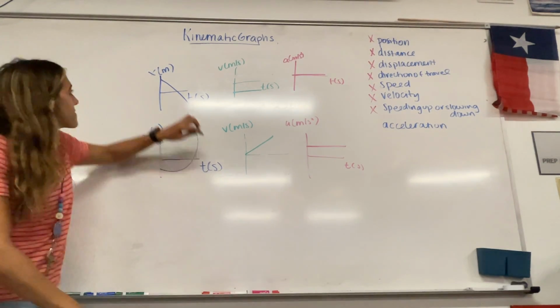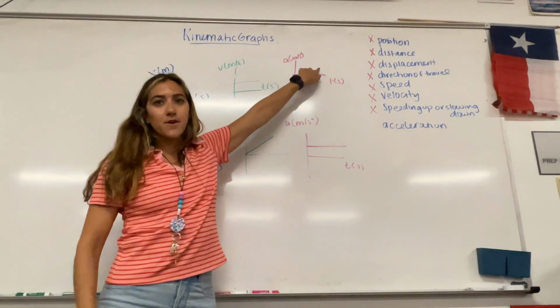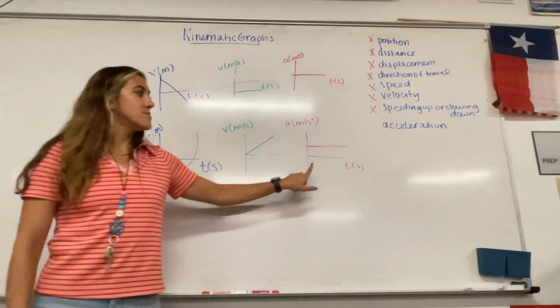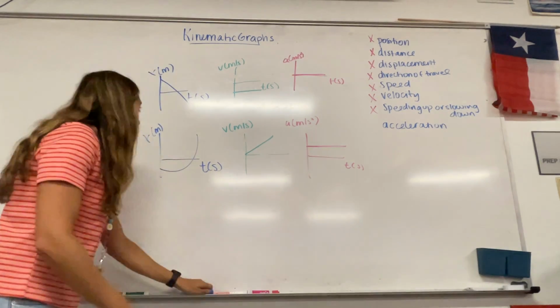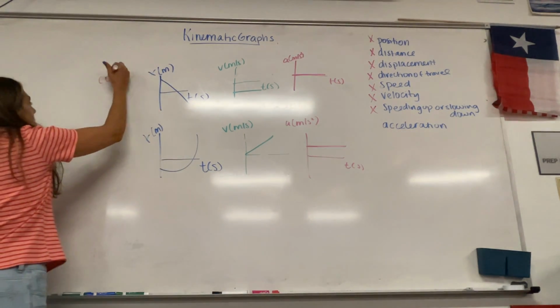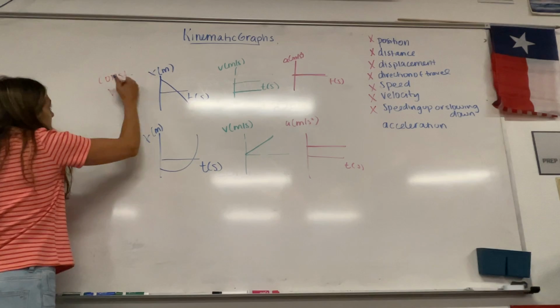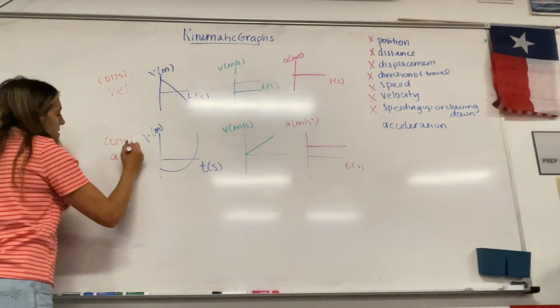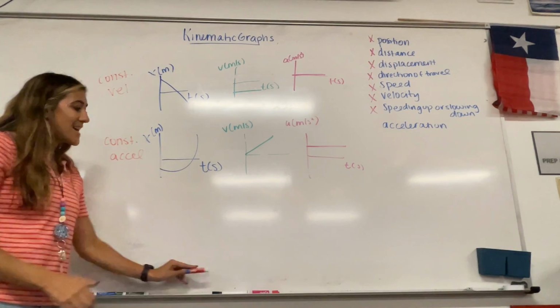So, linear, constant, 0. Curve, linear, constant. So this is for constant velocity. This would be for constant acceleration. And I can see that on the graph.